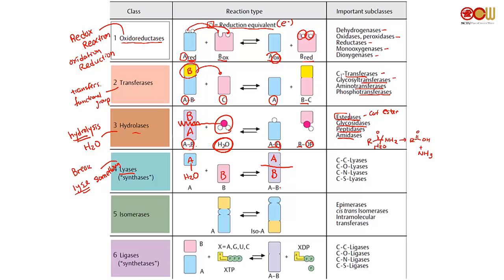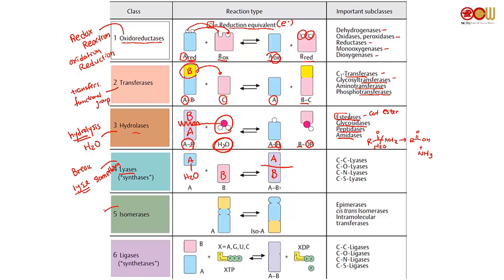So don't get too excited when you see water is in the equation, it must be a hydrolase. No, no, no. So you have to think about what it is that you're actually reacting. If you start with a chemical, and after the reaction it produces water and B, that's a lyase.